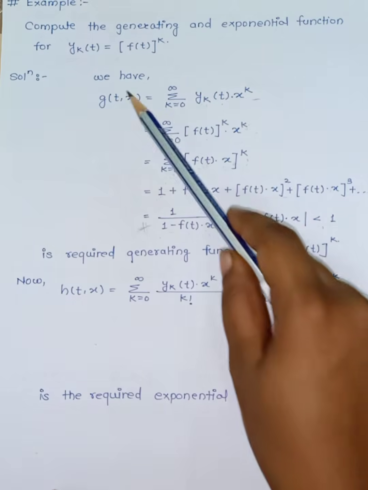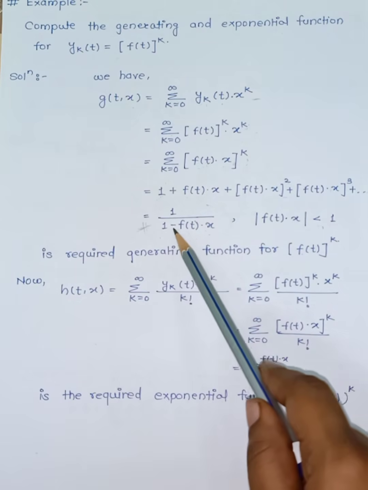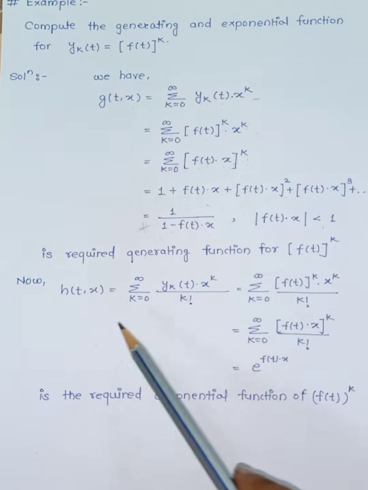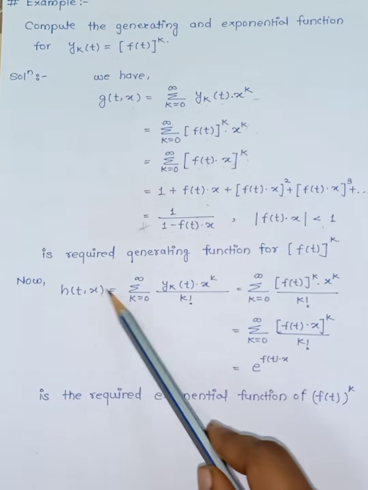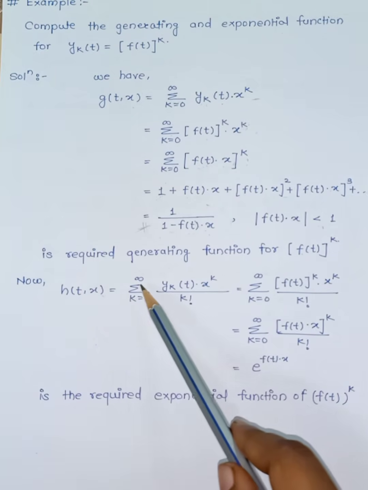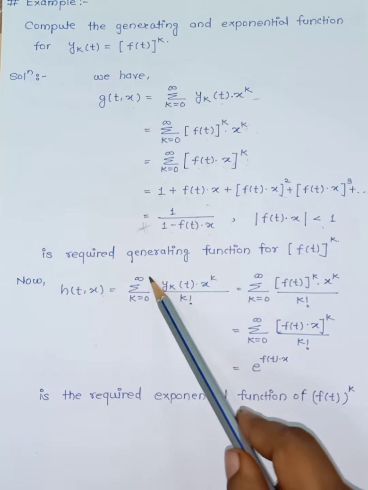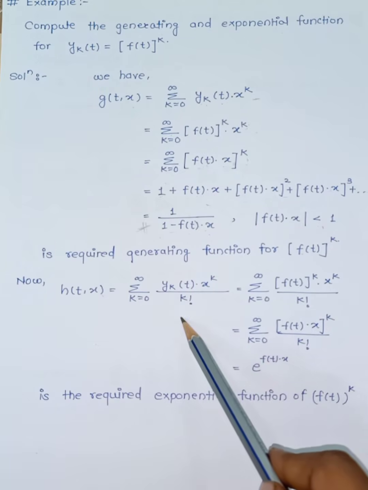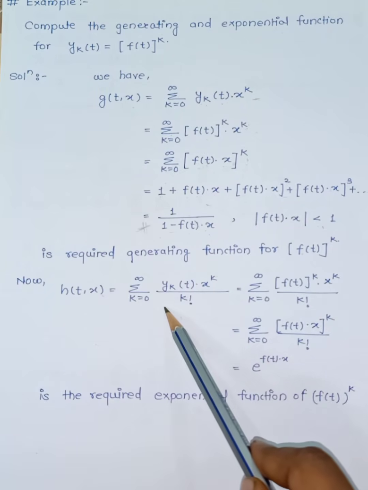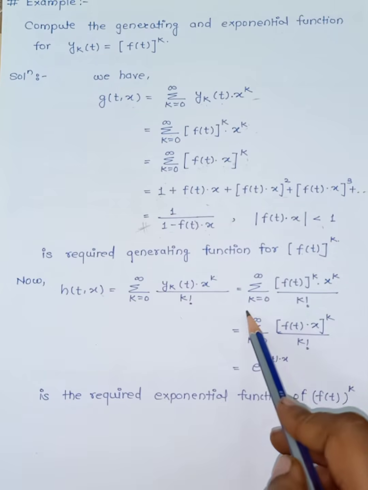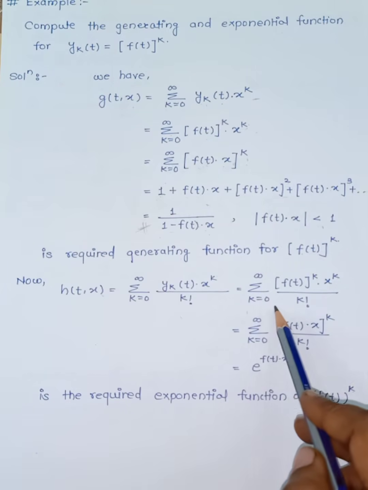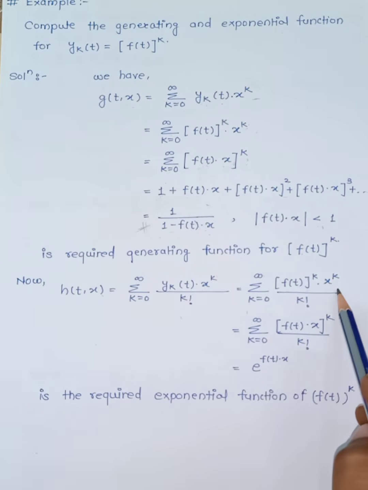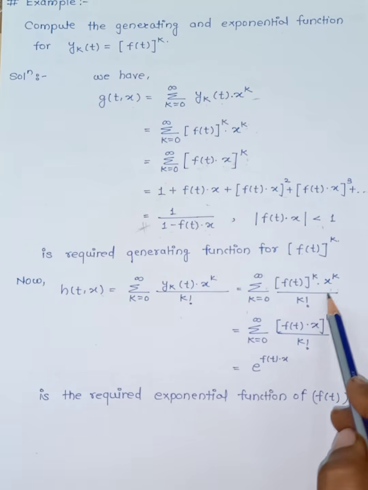Okay, so we got g of t x as 1 by 1 minus f of t into x, and this is the generating function. Now let us find the value of h of t x. So what is h of t x? Summation from k equals 0 to infinity y_k of t into x to the power k by k factorial. Now we put the value of y_k of t. We get summation from k equals 0 to infinity f of t to the power k into x to the power k, and we keep solving the same way.